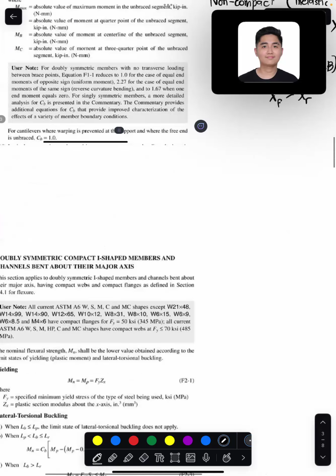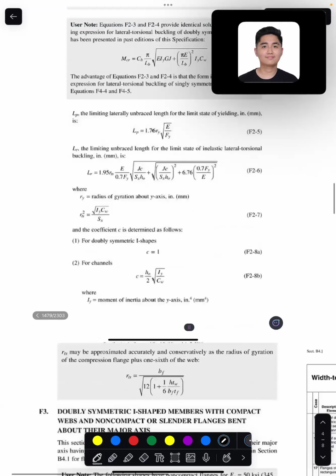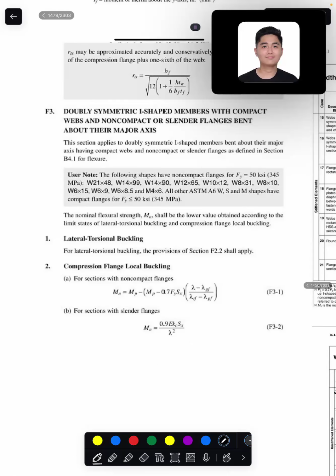And if we browse through section 2, actually ang makikita mo rito, nauna kasi palaging dinidiscuss yung LTB before yung FLB. Pero sa book, palaging nauuna yung FLB before dinidiscuss yung LTB.